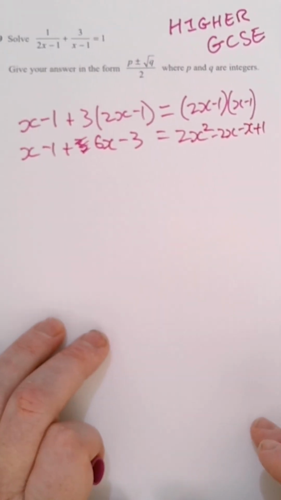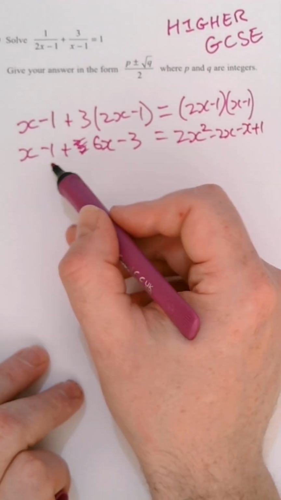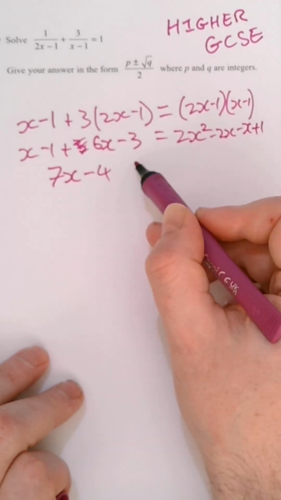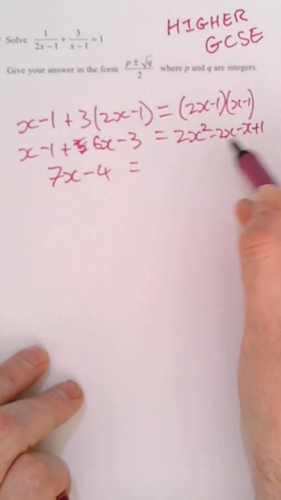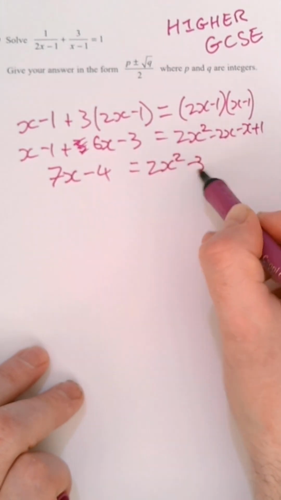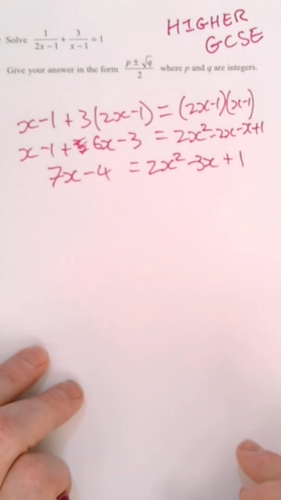Lovely. Okay. Now, keep simplifying. So that is 7x. And that is minus 4. And on this side, that's minus 3x. So I've got 2x squared minus 3x plus 1.